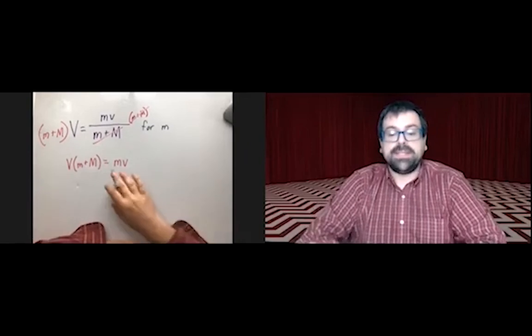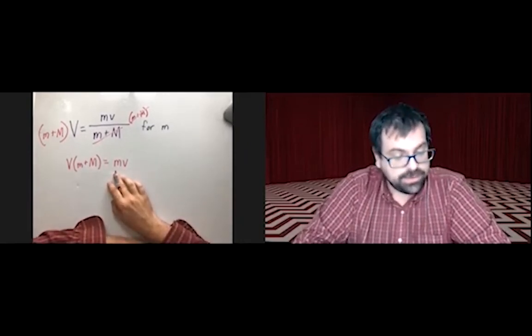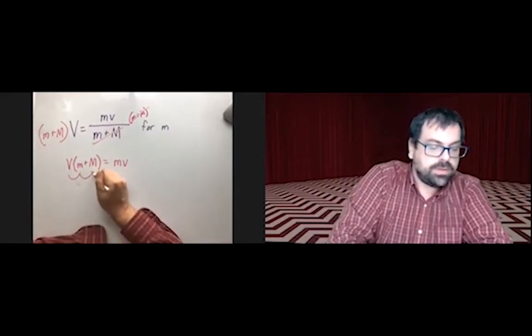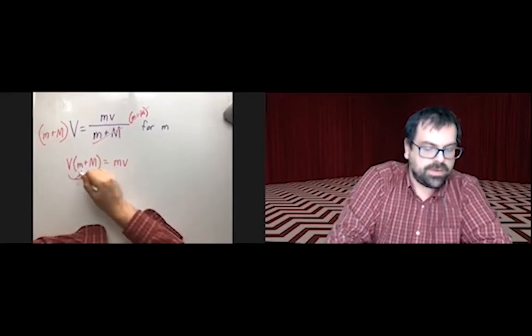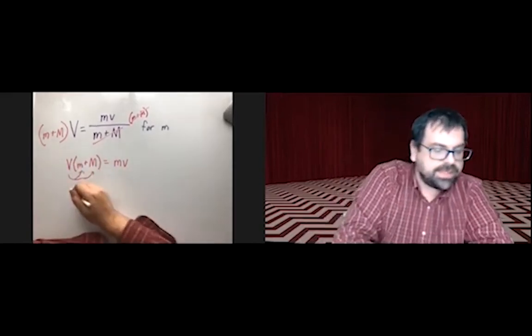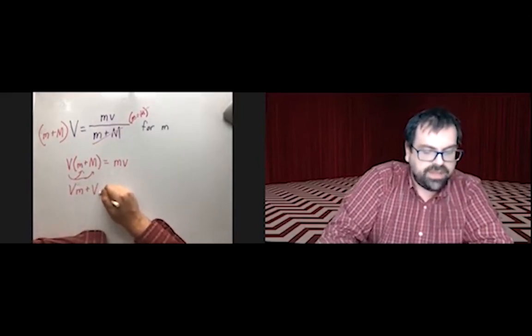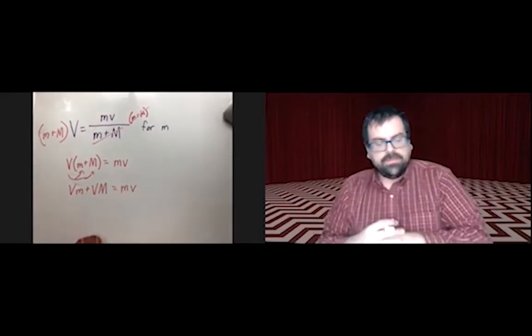How is this helping us get one single little m? Well, patience. Now we're going to distribute to get rid of the parentheses. Big V little m plus big V big M equals big M little v.